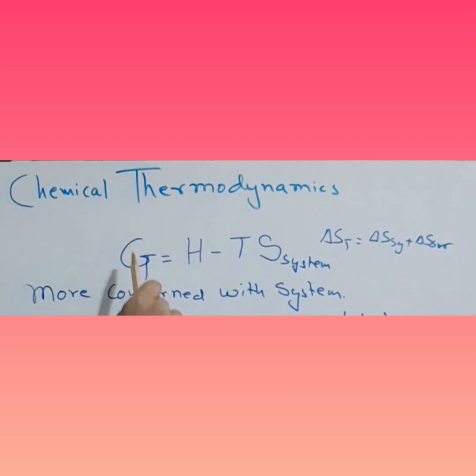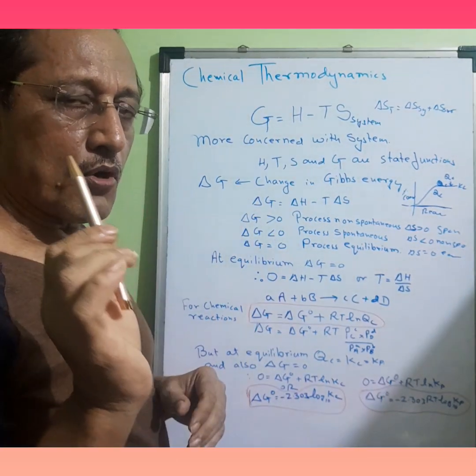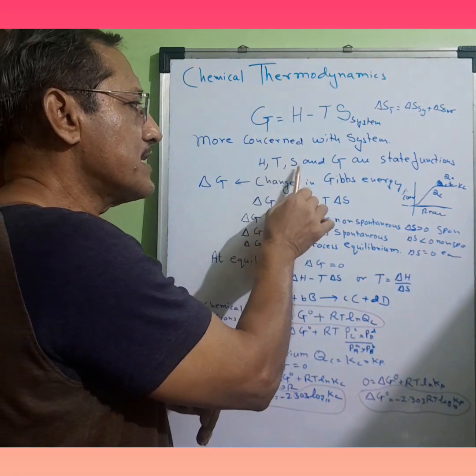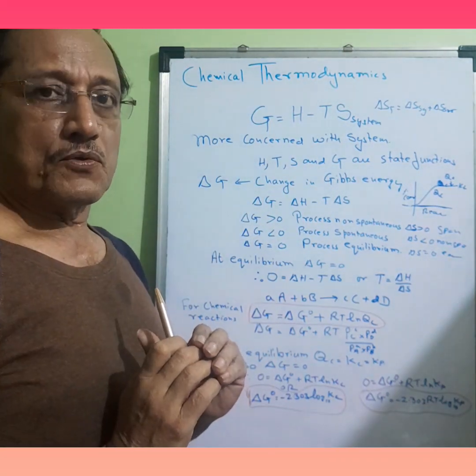Why did this get into the picture? Because we are more concerned with the system than the surrounding and system total. Another important aspect that you've got to always keep in mind is that H, T, S and G are state functions. Now these all come into MCQs.